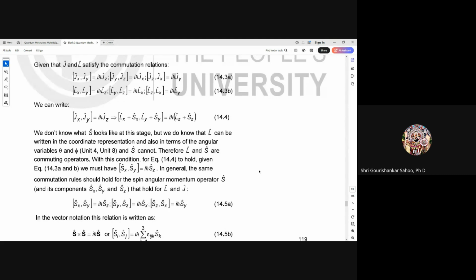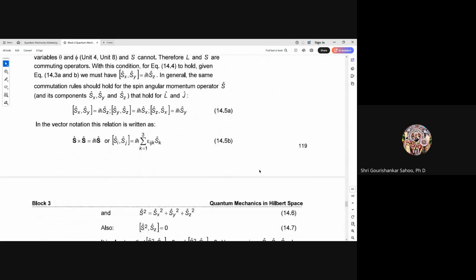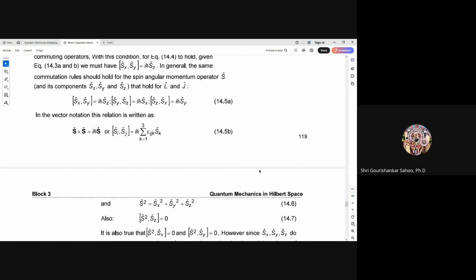Similarly, you can see in equation 14.5a, XY will give Z, YZ, X, and ZX, Y. And in vector notation, you can write S cap cross S cap, cross product of S cap with itself, will give you iħ S cap. So you can write Si cap, Sj cap in commutation bracket will give you iħ summation k equal to 1 to 3 epsilon ijk Sk cap.